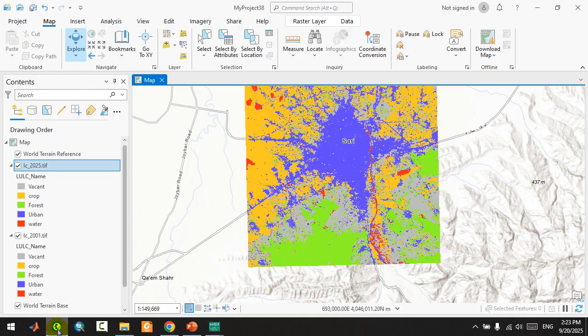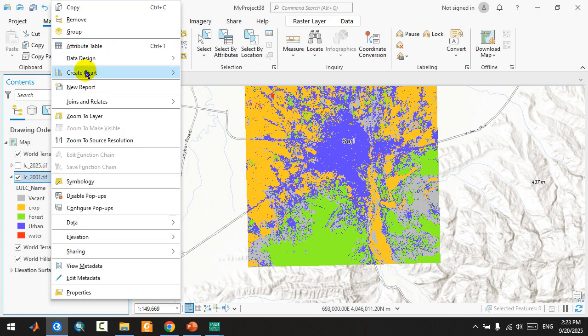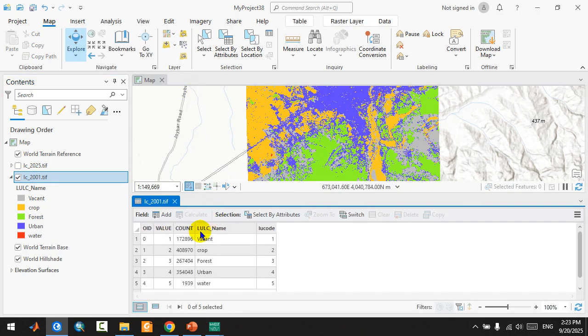Okay, in the ArcGIS, this raster, okay, and the attribute table LULC needs this table in the Excel format.